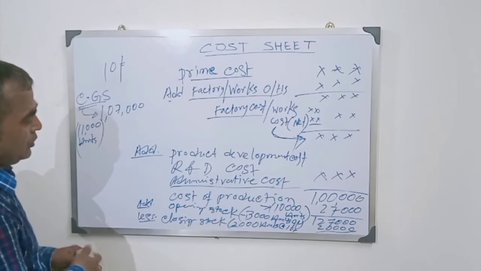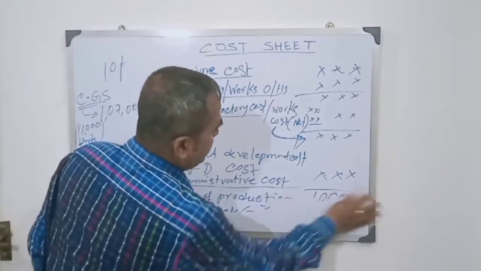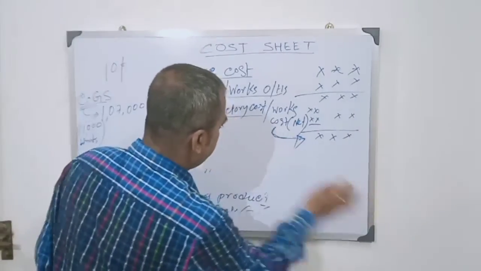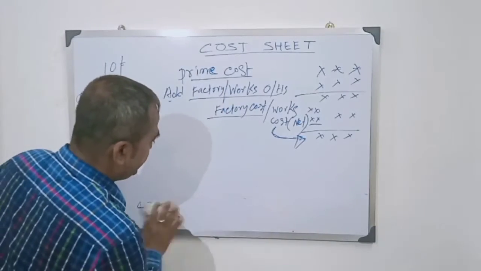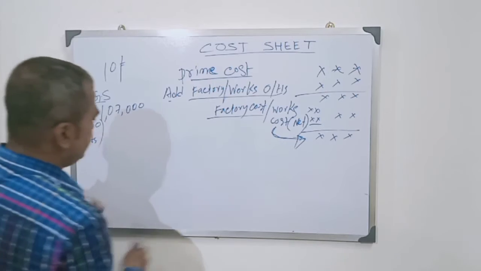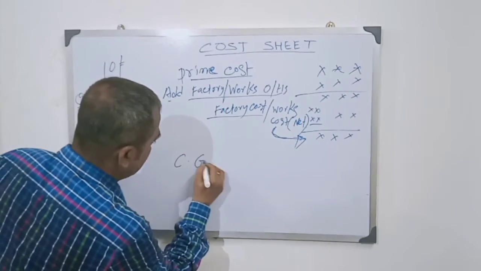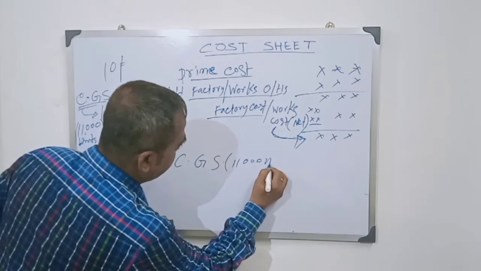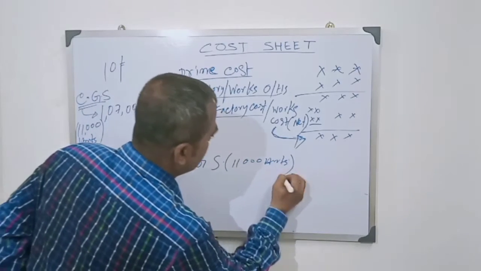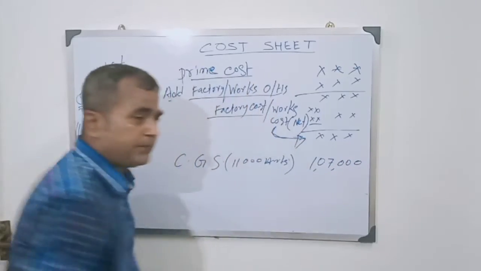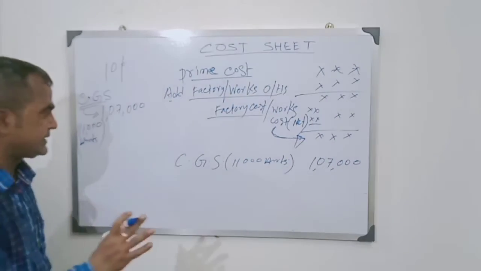So we have reached CGS, cost of goods sold, 11,000 units at a total cost of 1,07,000 on FIFO basis.